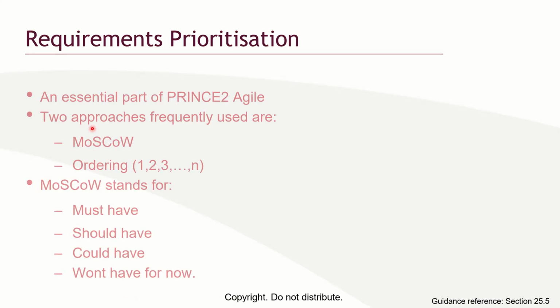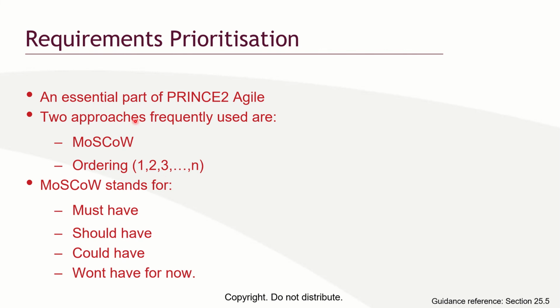Okay, requirements priority. How do you prioritize requirements? Remember, what do we use? Moscow. Every time we talk about Moscow. Must have, should have, could have, would not have for now. So you have to use this to prioritize. That is one way.